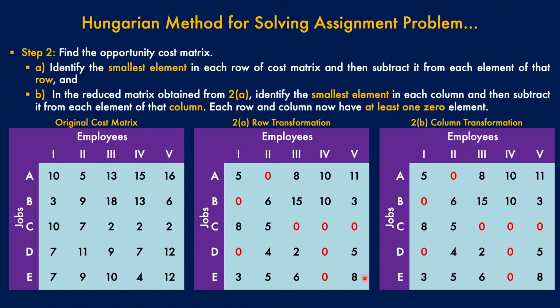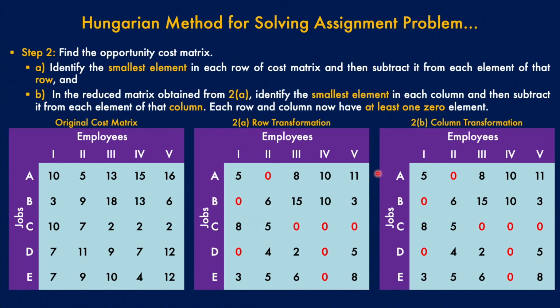After doing this row transformation, we have to apply the same concept column-wise also. In the reduced matrix obtained from the row transformation, identify the smallest element in each column and then subtract it from each element of that column. After the row transformation, we go for the column transformation in order to make sure each column and each row has at least one 0 element.